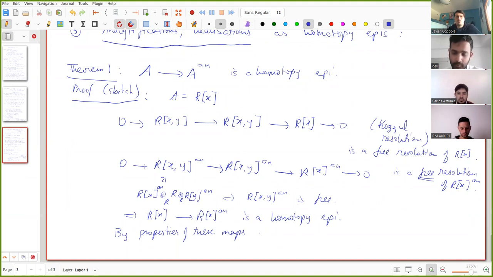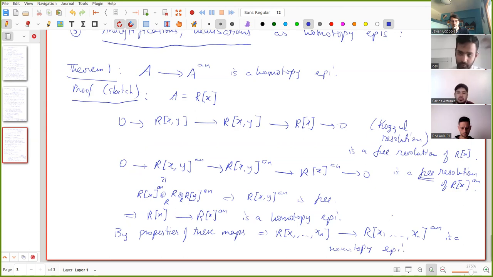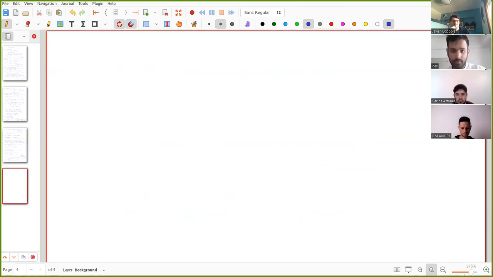And if you do that n times, what you get is that the polynomials in n variables to its analytification is a homotopy epimorphism. Okay, so that's the analytification of the affine plane. And the rest again goes through by abstract nonsense.